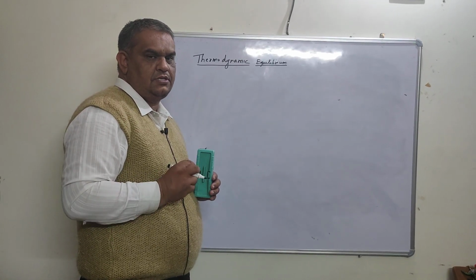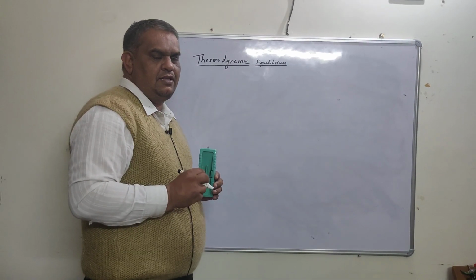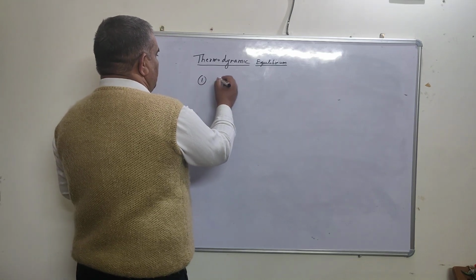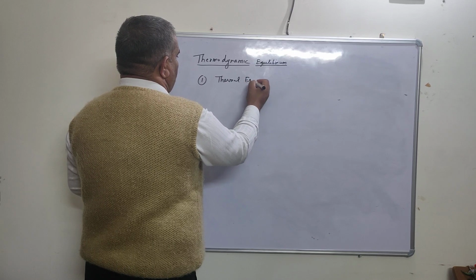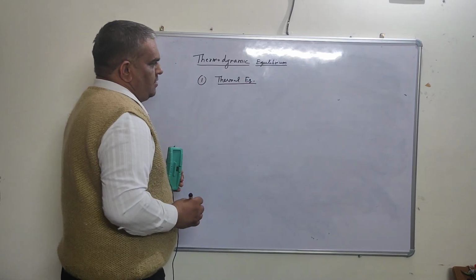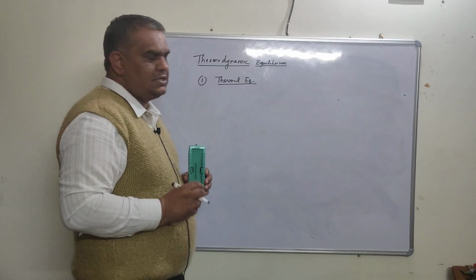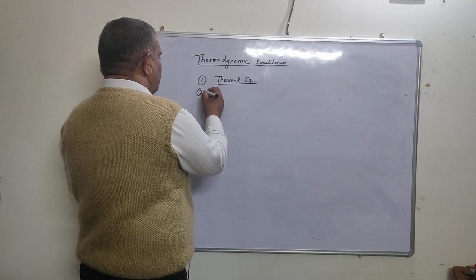To reach the state of thermodynamic equilibrium, the system should attain three equilibria simultaneously. The first is thermal equilibrium. A system is said to be in thermal equilibrium when the temperature of the system remains constant.